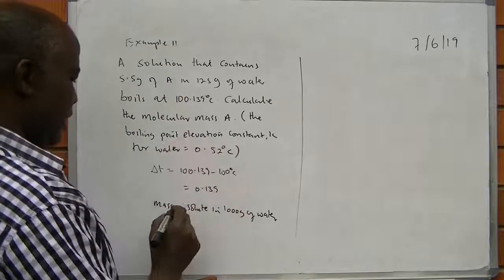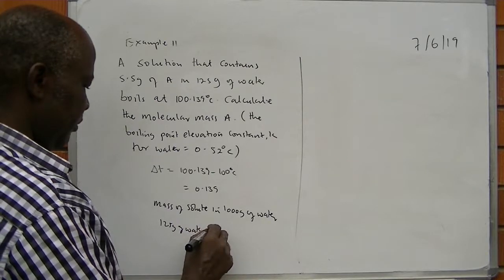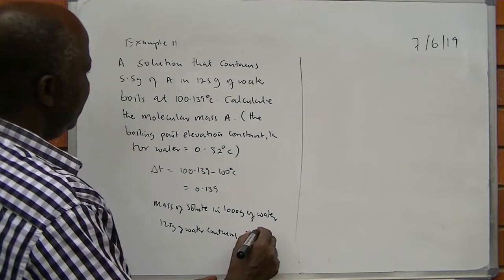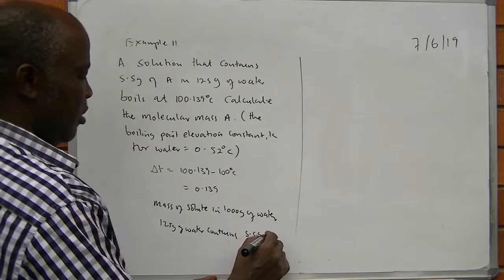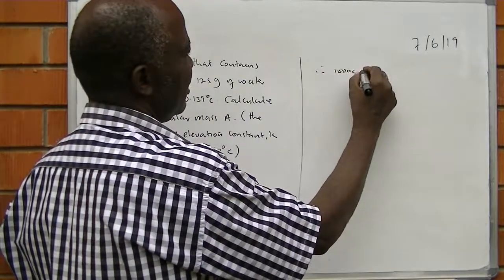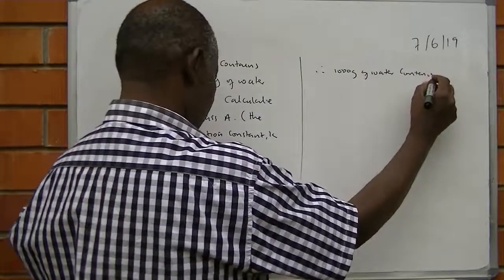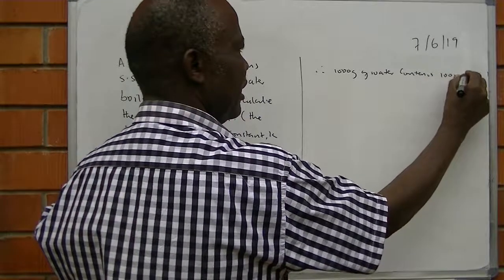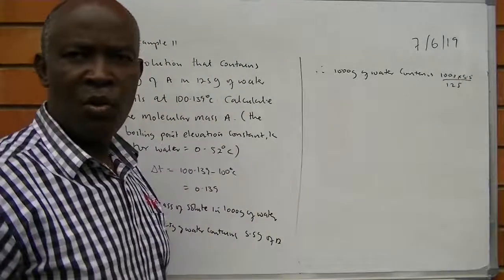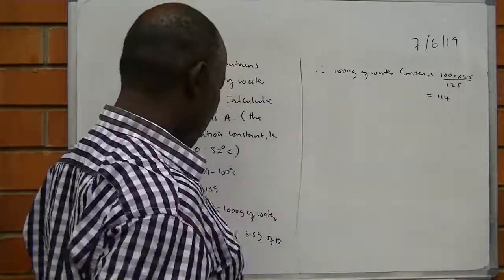We are told that 125 grams of water contains 5.5 grams of A. Therefore, 1,000 grams of water contains 1,000 times 5.5 over 125. Water is the solvent, which is equal to 44.